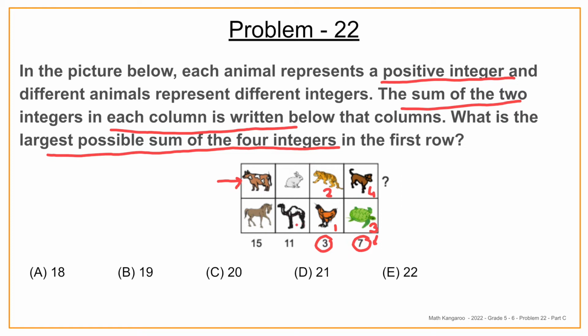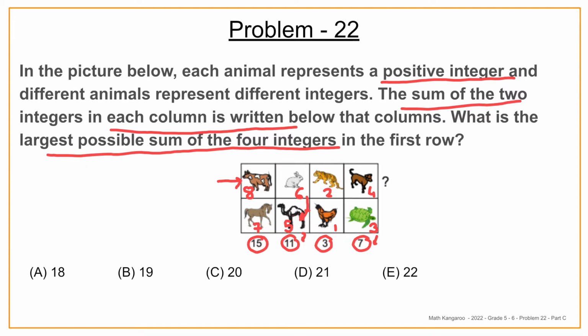Next is the second column, which is the total of 11. We assign camel 5 and rabbit 6. That becomes 6 plus 5 and gives 11. The last column left has a total of 15. So we assign the next available positive integers, that is horse we give 7 and cow we give 8, and 7 plus 8 gives us 15.